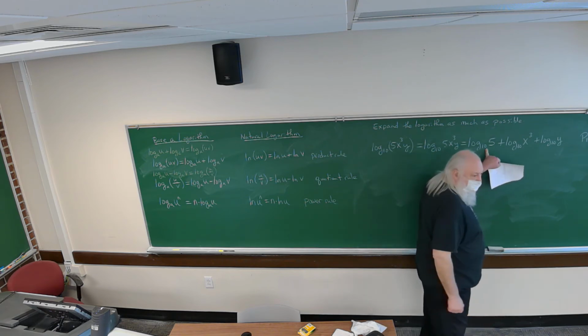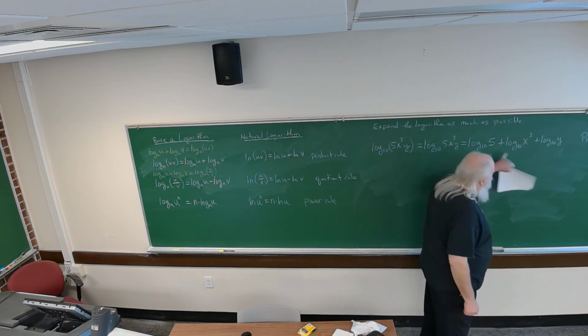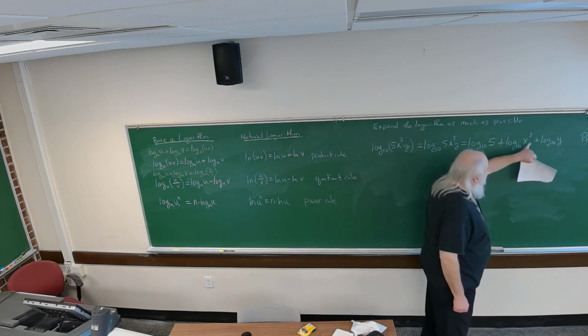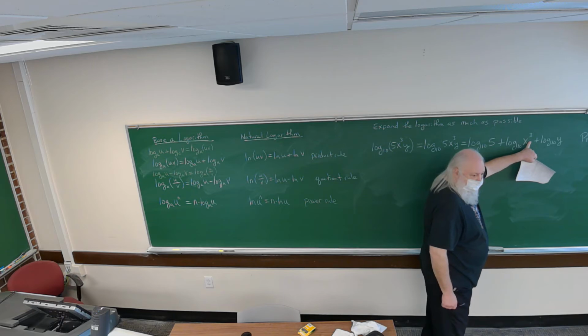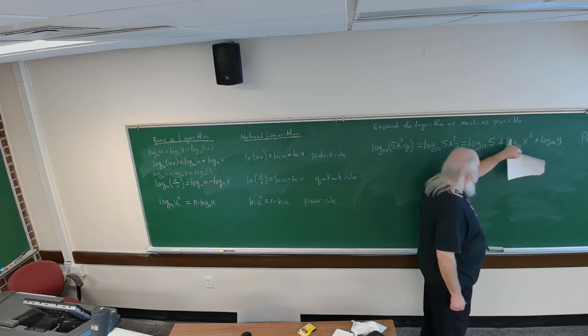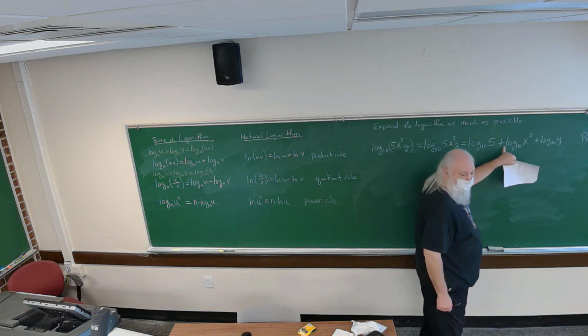Can't do anything with this logarithm. Can't do anything with that logarithm. But this logarithm, we have x cubed in the argument. What goes inside the logarithm is called the argument. And so we have x cubed as the argument inside this logarithm. And that exponent 3 can be brought down in front of the log.